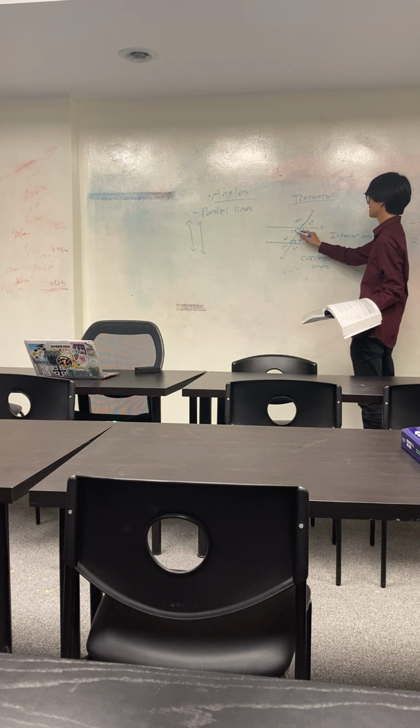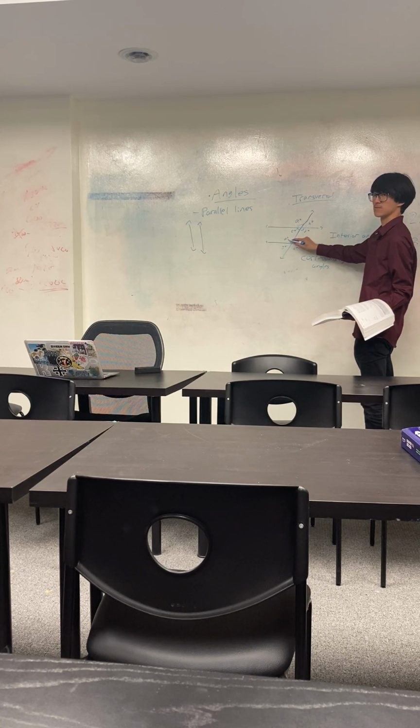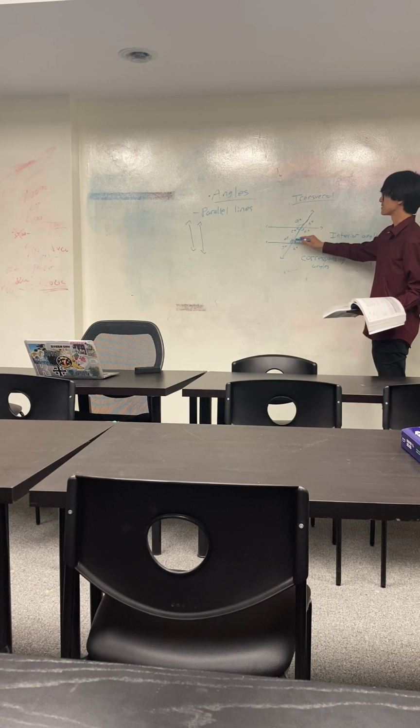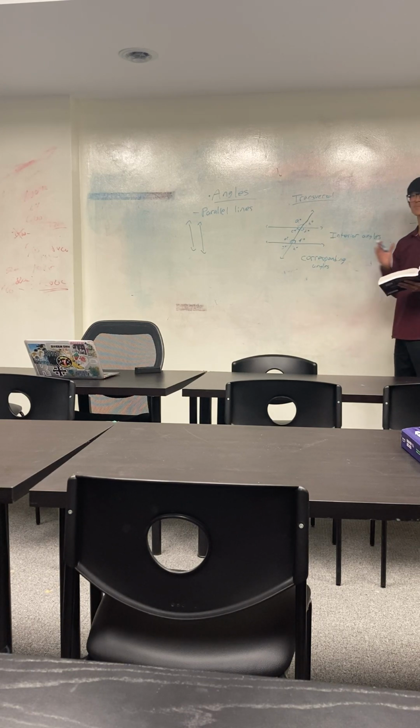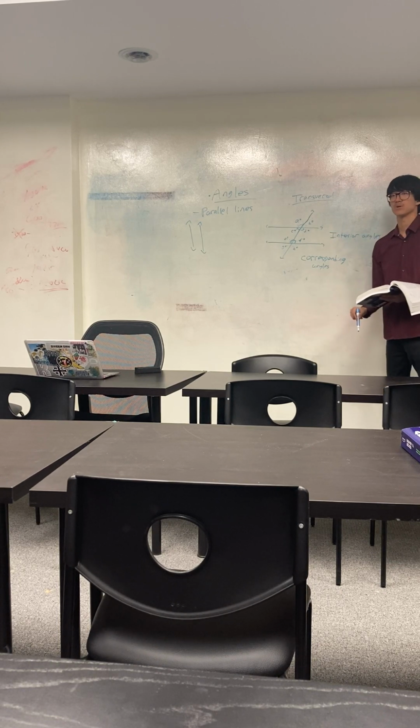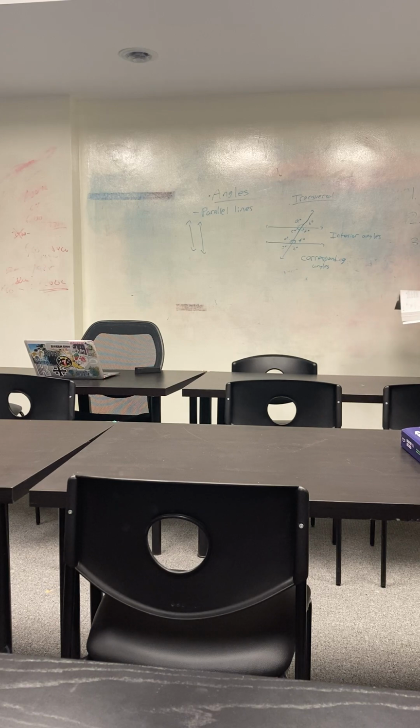So we have C and E, right? Angle C and E, they're both interior and they're both on the same side. So that means that the measure of C and the measure of E, when you add them together, is going to equal 180. Same thing with D and F. D plus F is going to equal 180 because they're same side interior.